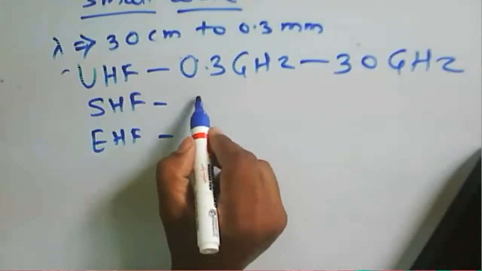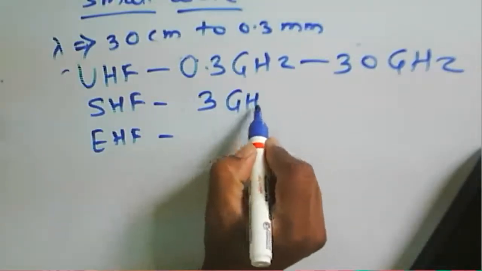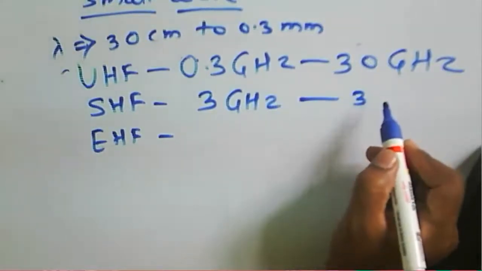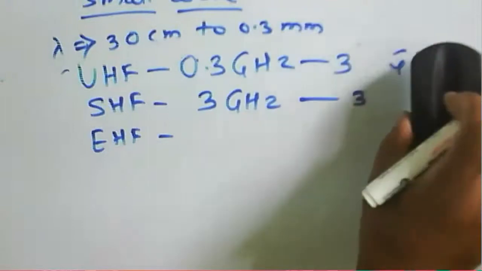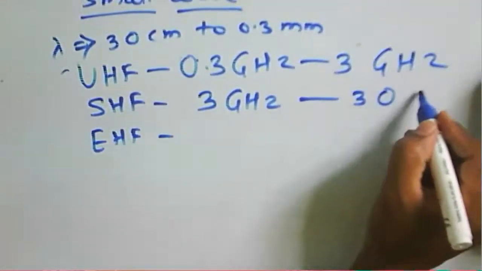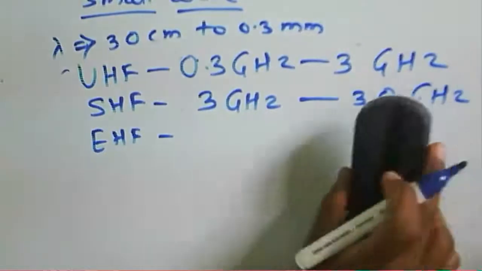The super high frequency band starts from 3 gigahertz to 30 gigahertz.